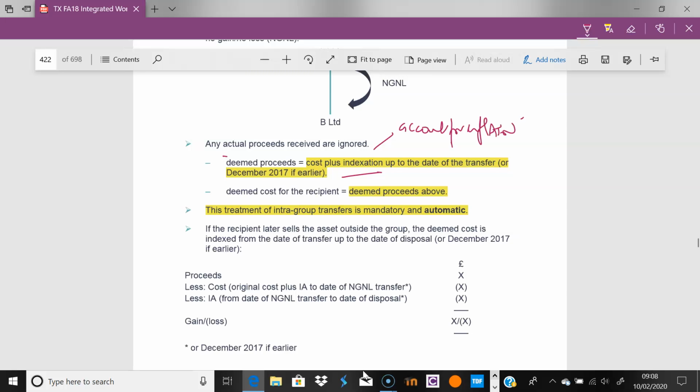That's the key thing that we have to do. Right. So where are we? Until the person sells it outside the group. So again, we're really accounting for inflation. That's what's really happening here, accounting for inflation.